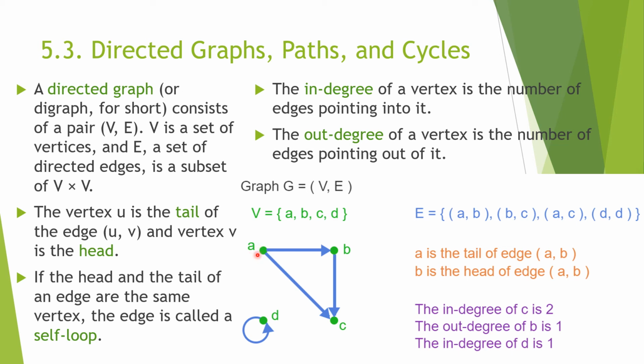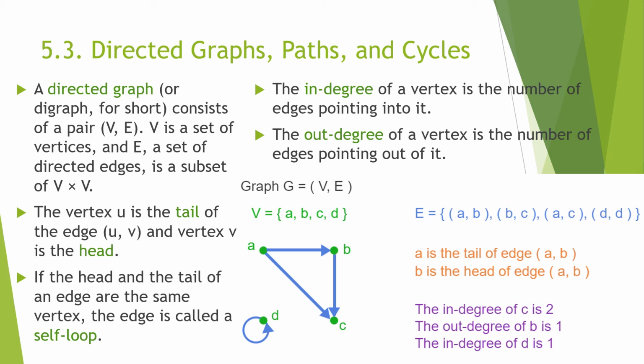All you need to do is to first represent the elements of the vertex set by 4 points A, B, C, and D, and then connect A to B because there's an edge from A to B, connect B to C because there's an edge from B to C, and connect A to C because there's an edge from A to C, and connect D to itself because there's an edge from D to itself. Because D and D is an element of the edge set.